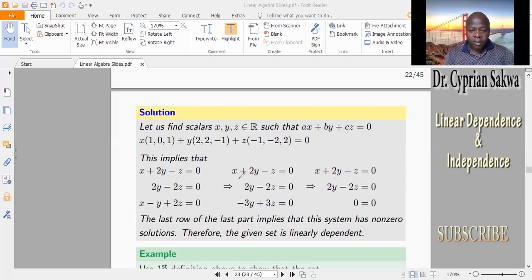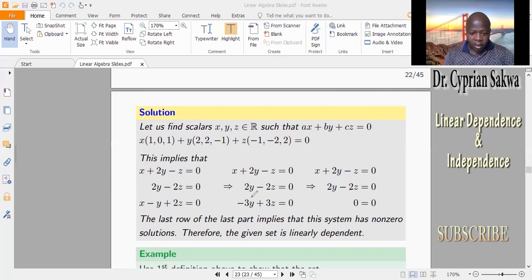So when I do that, the first row remains where it is, the second row remains where it is. So let me just subtract x from x to get 0, and then 2y from negative y to get negative 3y. And then this negative z subtracted from 2z, I'll get 3z. And then 0 from 0, that is 0.